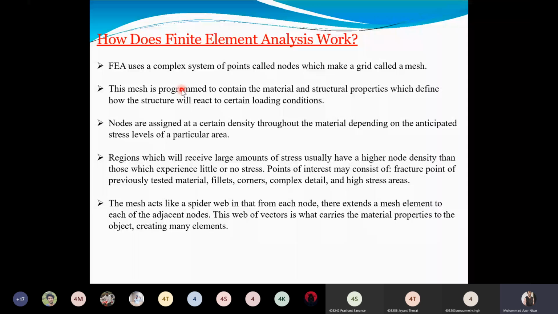In complex, the nodes are increased and intermediate nodes are involved, and in multiplex, 3D parts and intermediate nodes are involved. I will show what the difference is between simplex, complex, and multiplex. Then this FEA system uses nodes. So what are those nodes? Nodes are nothing but, I will draw it.